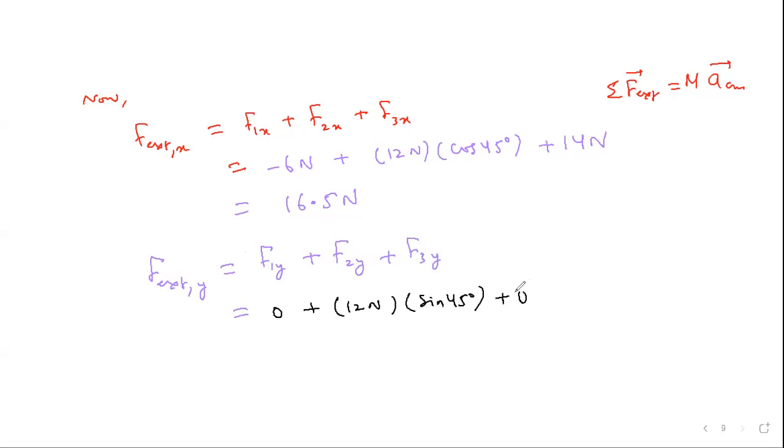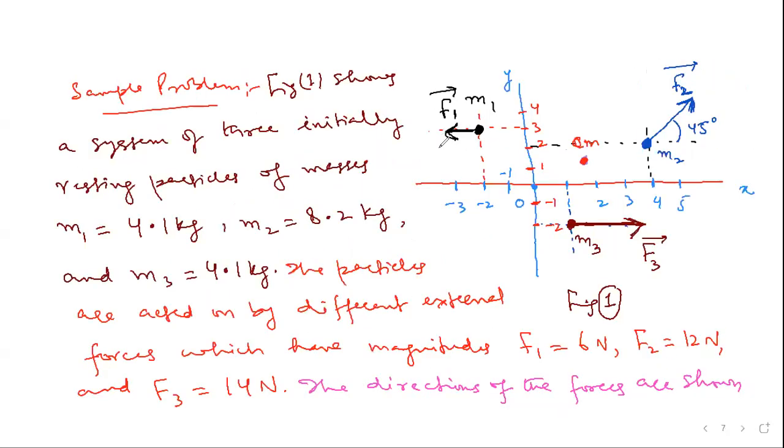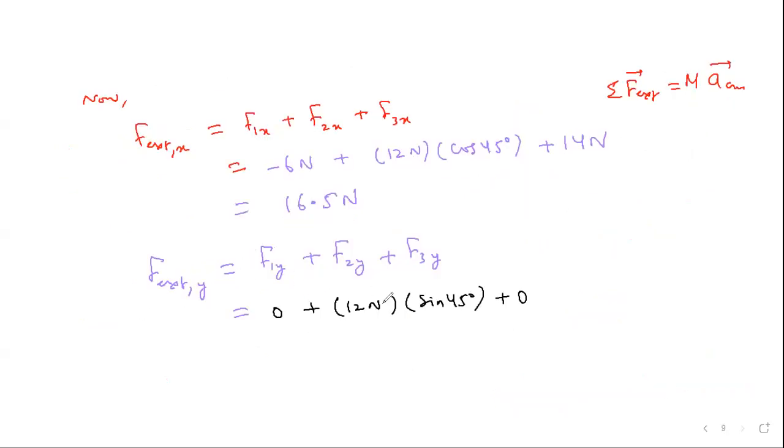F3y is 0. See, y component of F1 and F3 are 0. So only F2 has y component, which is 12 Newton times sine 45. And you calculate it, it turns out to be 8.5 Newton.